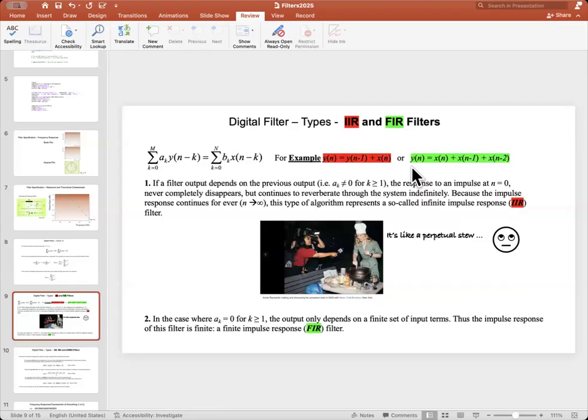So in that sense, you get a finite response. This is a classification that you often see in the more engineering literature.